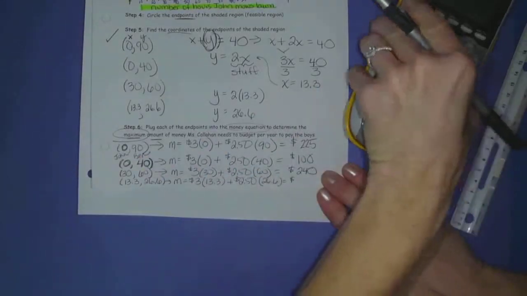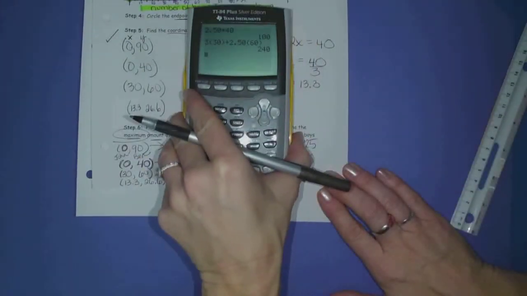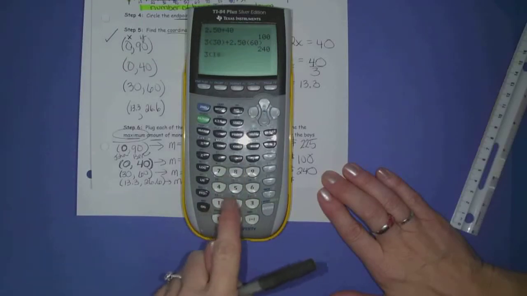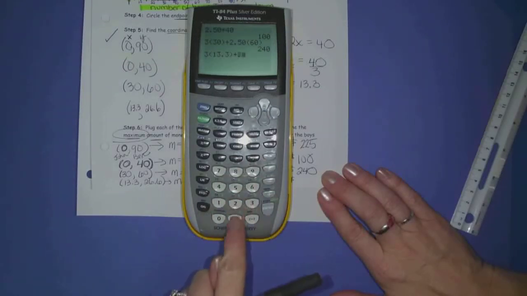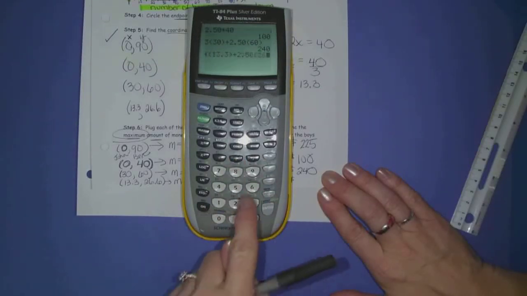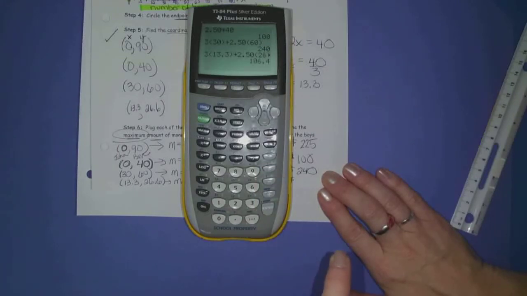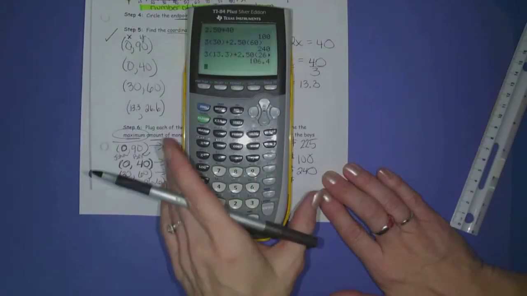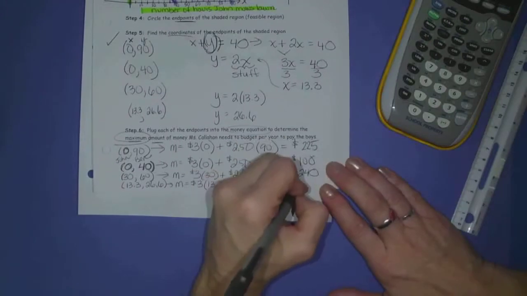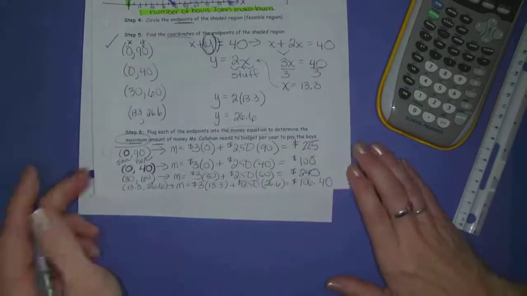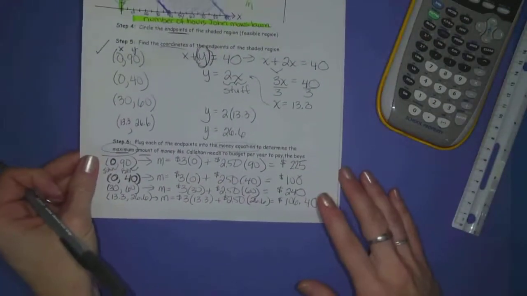This gives me one last calculation here, 3 times 13.3 plus $2.50 times 26.6 hours, 106.40. Okay.